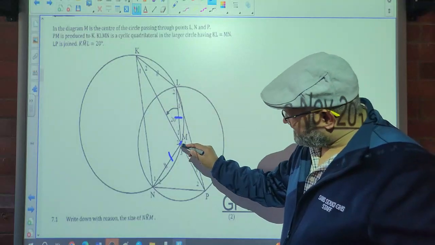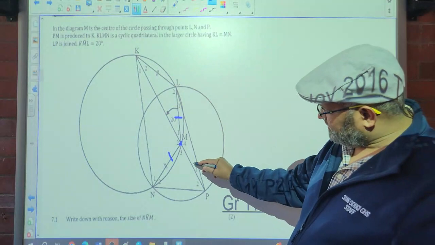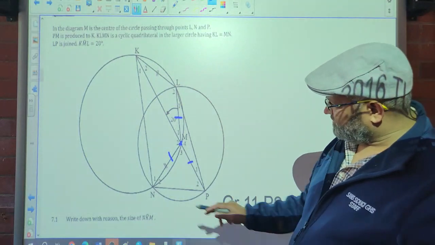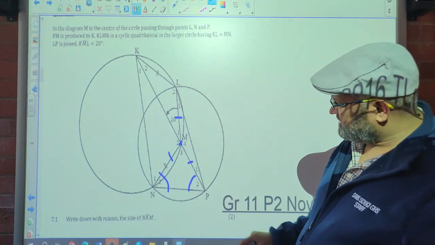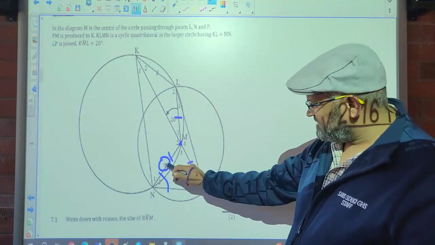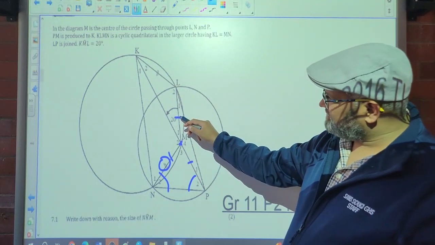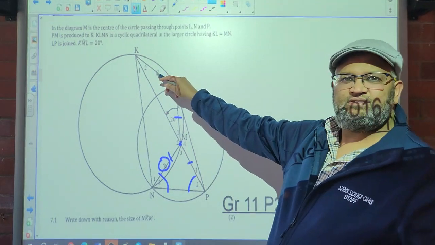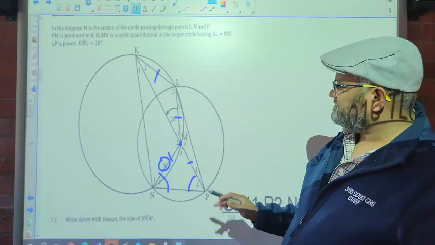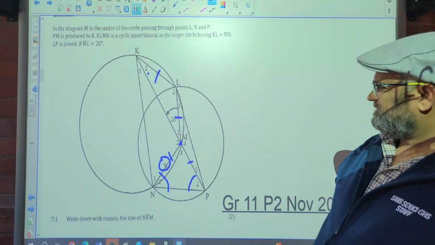Because if that's the center, then that's your radius. So those angles are equal, angles opposite equal sides. You see, this is marked with two strokes there. So this length, this length, and that length are equal. Can you see that? So all of these are equal. That's also 20 degrees there.